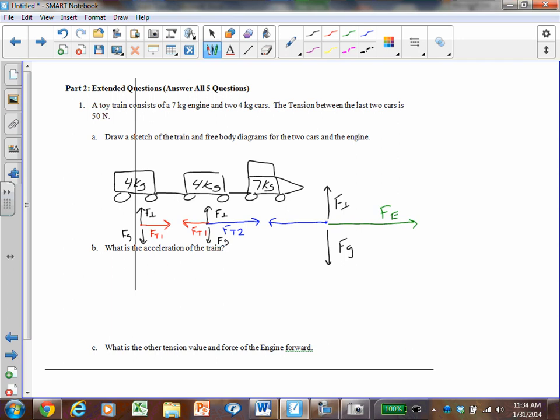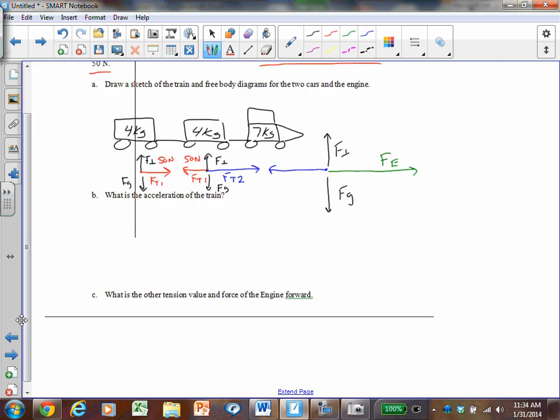And then it says, what's the acceleration of the train? We also know that the tension between the last two cars is 50 newtons. So this is 50 newtons, and that's 50 newtons. They just go in equal and opposite directions. So if we take this sum of the forces for the last car in there, okay, the sum of the forces equals mass times acceleration.